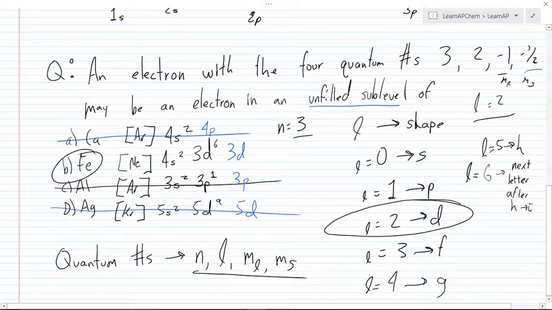I would highly doubt that you would see l equals 4, and I would be very surprised if you saw l equals 5 or 6. Okay, so let's move on to something else. No problem.